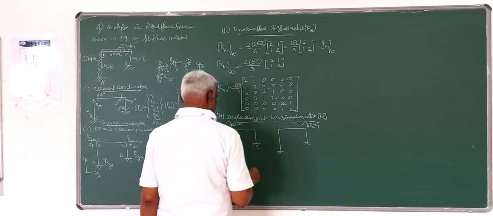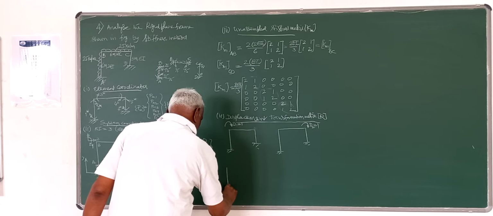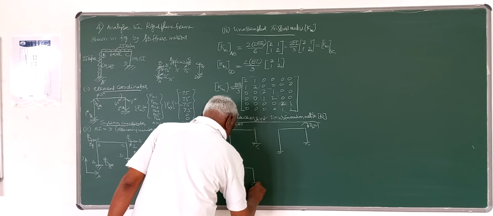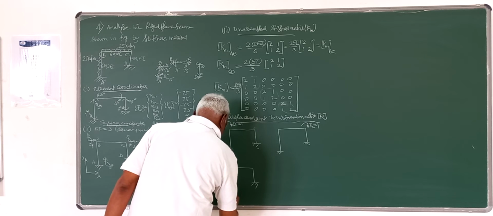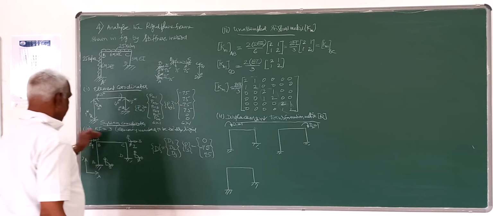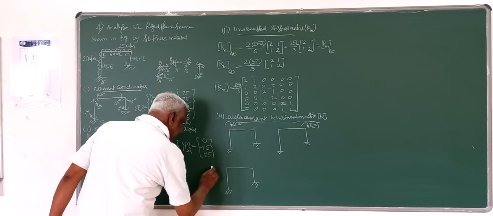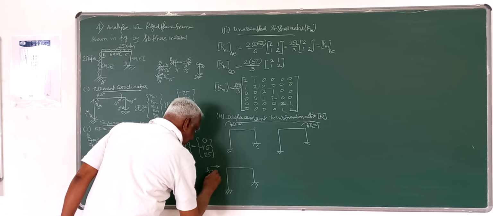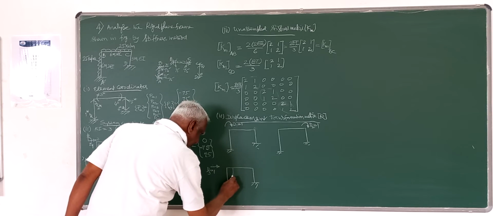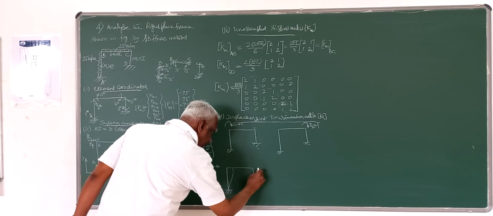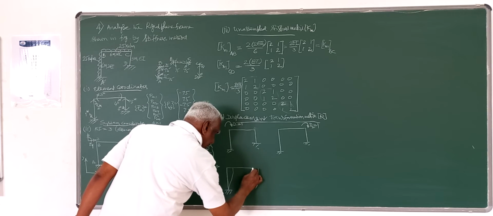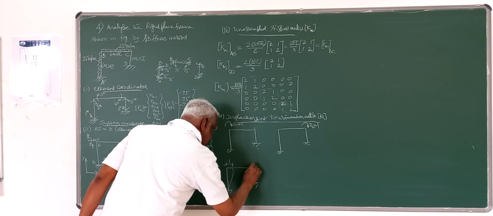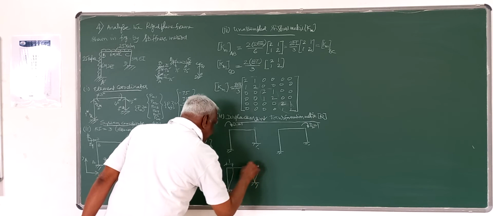Then I have to give unit displacement corresponding to 3. Corresponding to 3 means it is translation, that is this. So I have to give here d3 is 1. So this will move like that. This also will move by the same amount. So this is 1, this is 1.